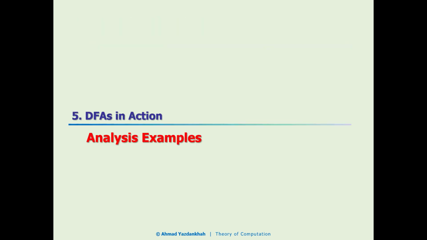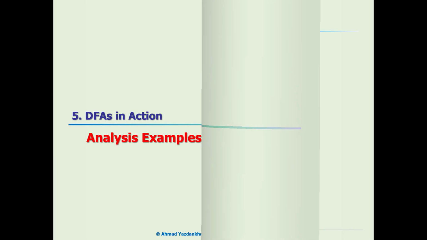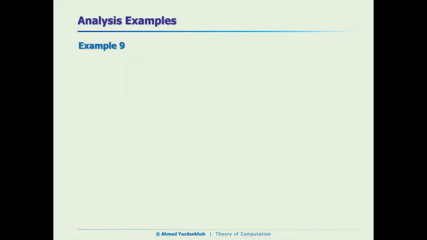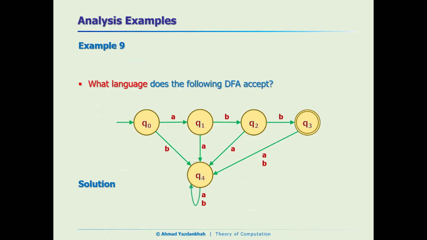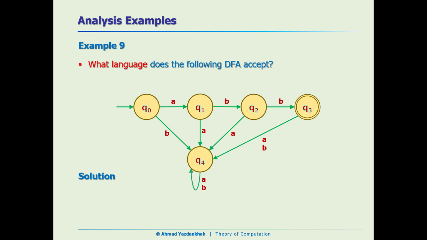Okay. Now let's analyze some machines to get more knowledge of how they work. So here is an example. The question is, what language will this machine accept? We need to analyze which strings reach here, because we just have one final state.